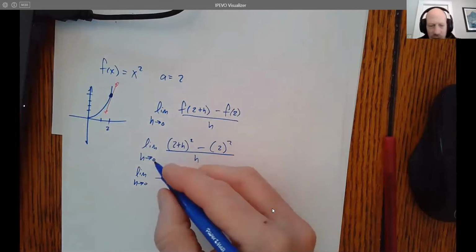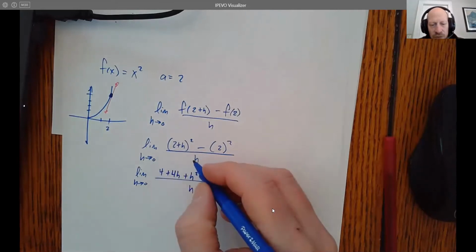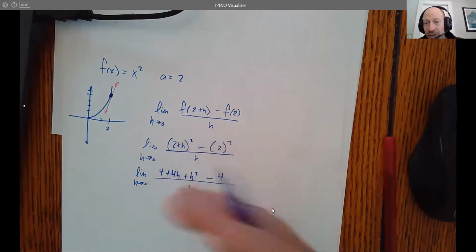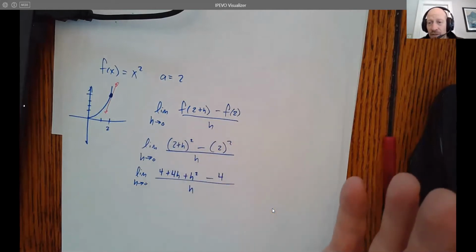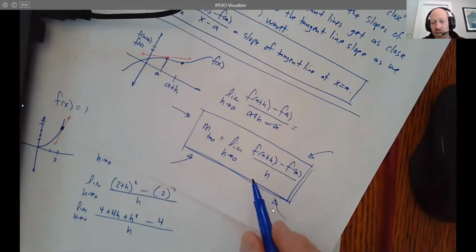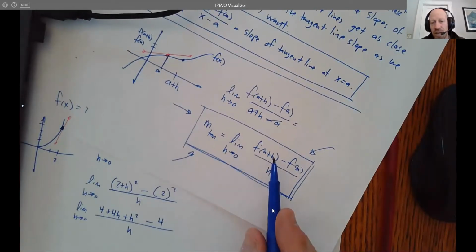Notice, like in the beginning here, if I put in h equals 0, I'm going to get 0 over 0. That's not a bad approach with limits, but just like the other definition, if you look at this one, if you put in 0, you're going to get f of a minus f of a over 0.